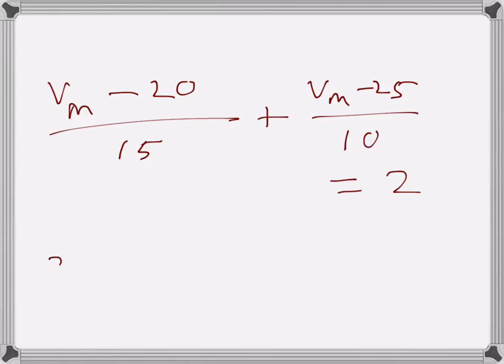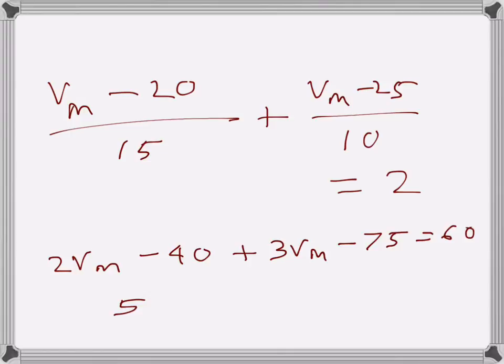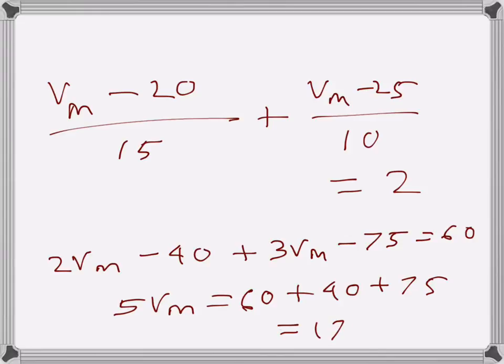So we will have 2 Vm minus 40 plus, so I'm just trying to get rid of the denominator, the fraction. So this is 3 Vm minus 75, and this will be 60. So now I have 5 Vm here, and then 60 plus 40 plus 75, which is 175.